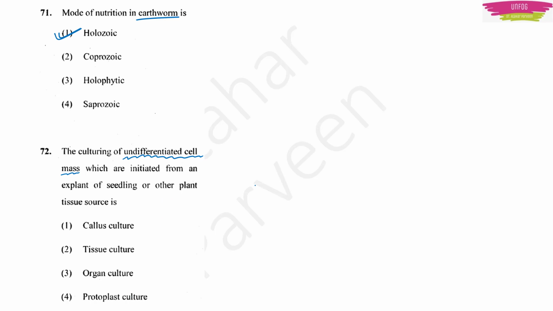If we look at these options, callus culture, organ culture, protoplast culture, these are all subdivided parts of tissue culture only. Tissue culture means we can take any part of a plant or an animal and culture it. We can grow it in in vitro form, right? Outside the body in an artificial medium.